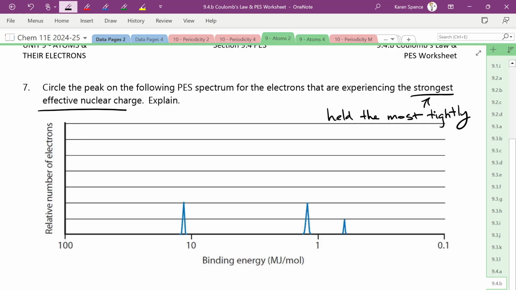You have the highest binding energy. Where do we find the highest binding energy? On the left or the right? On the left.